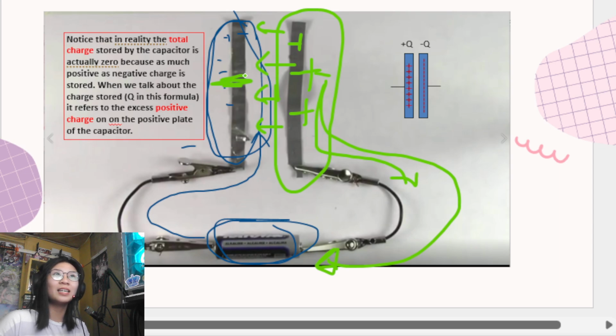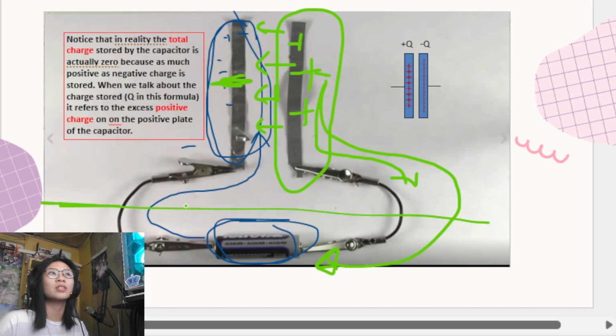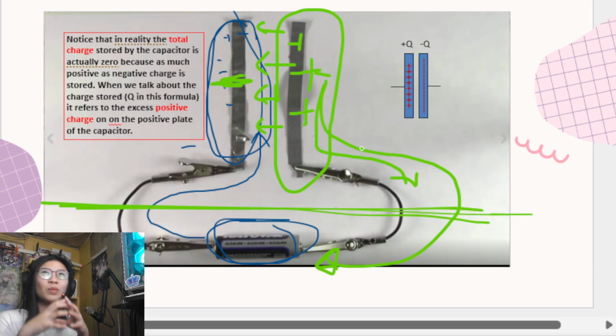So natay negative and natay positive na mga charges. And when that happens, maski tanggalon nimo ang source, because of the attraction between them, the positive and the negative charge will stay in place inside the capacitor.